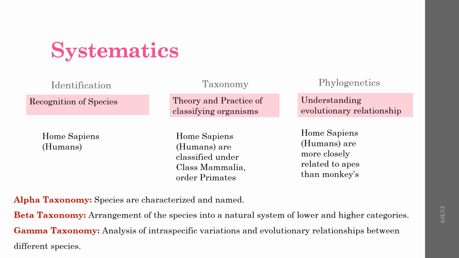And in taxonomy again, there are alpha taxonomy, beta taxonomy, and gamma taxonomy. Alpha taxonomy is normally the very basic level. Here the species are first characterized and named. Characterized in the sense that they should have some characteristics to distinguish them from the others. So those characteristics have to be listed out separately, and then we give a proper name.